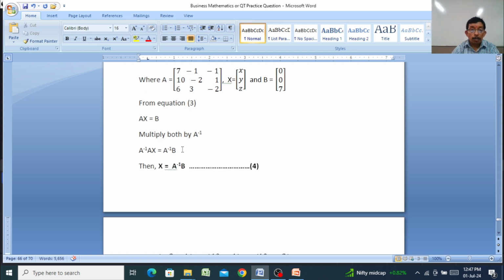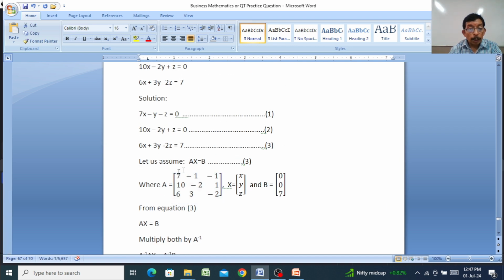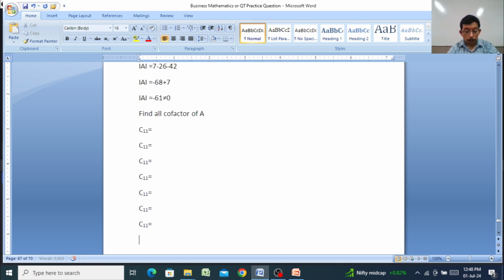Cofactors of A. The first cofactor is C11. There are 9 elements and 9 cofactors.